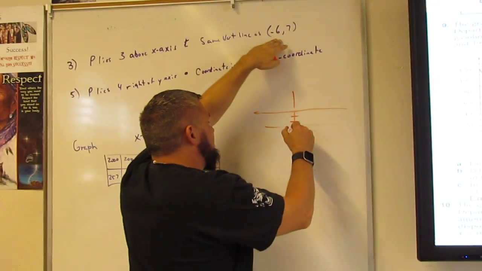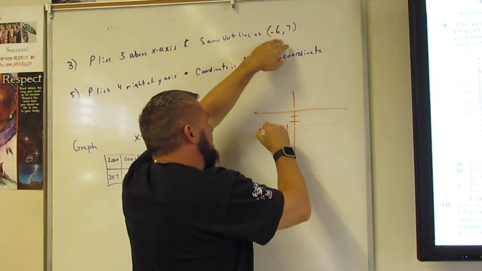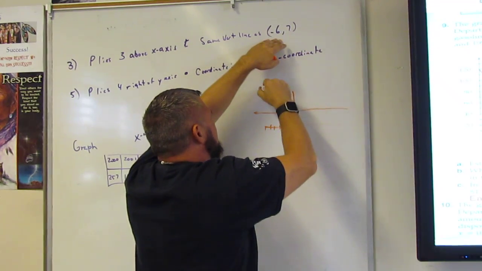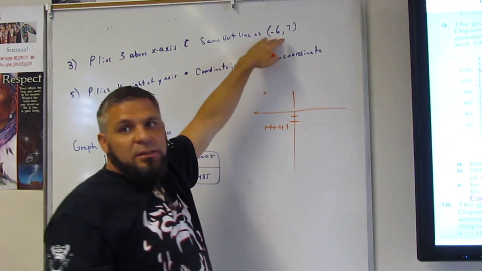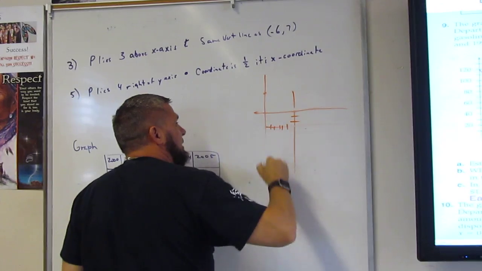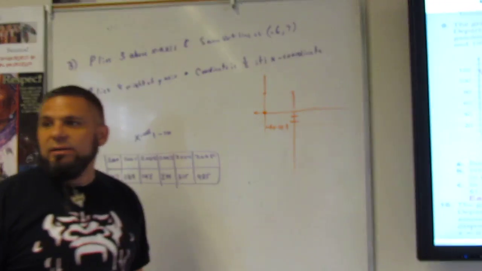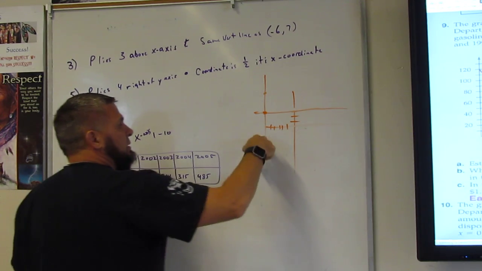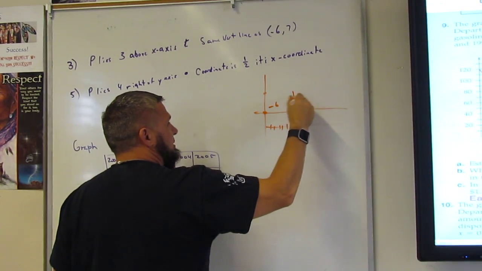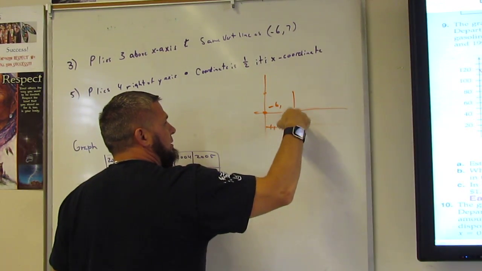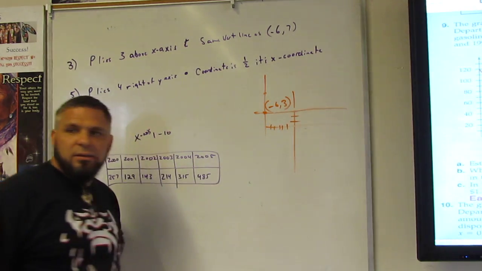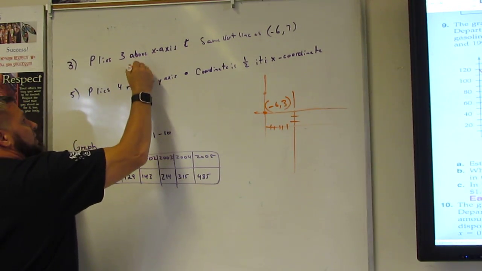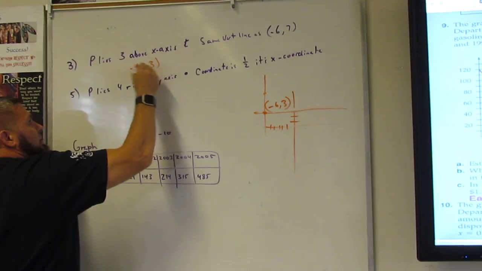Well, this is -6 and +7, right? Same vertical line as this point, so it's got to be this one right here. So what is that point? -6 and 3.